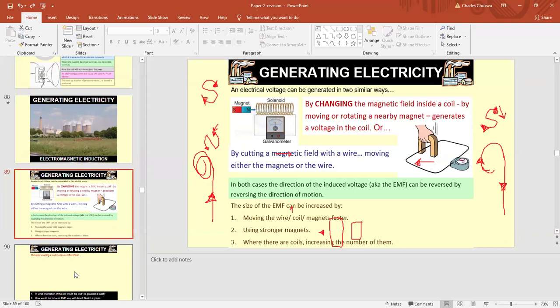Anyway, if you probably didn't come to Nigeria, you may not even have really seen those generators, the small ones that you could pull around, except maybe if you are having a party outside and you may not really have a source of electricity. That's what you would depend on. But that's basically what the generator works on.